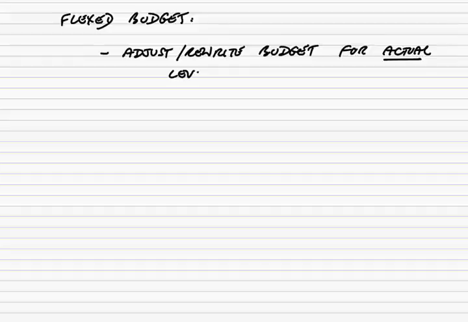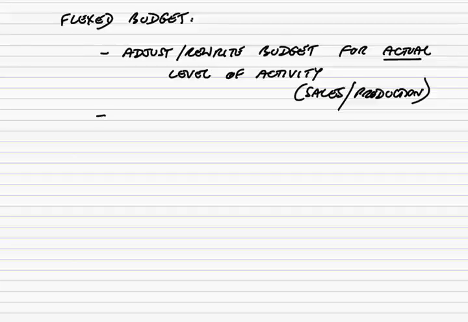By level of activity, I mean the actual sales, the actual production. The reason for doing it is if we're using it for control purposes.